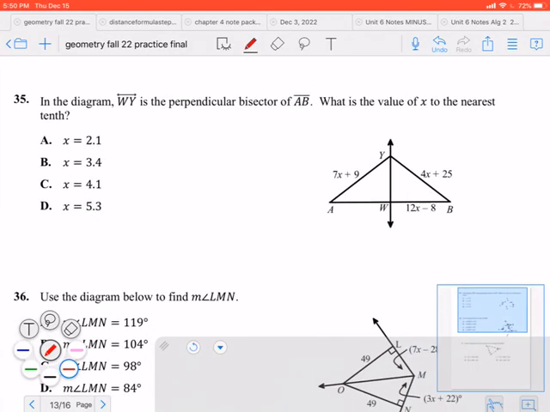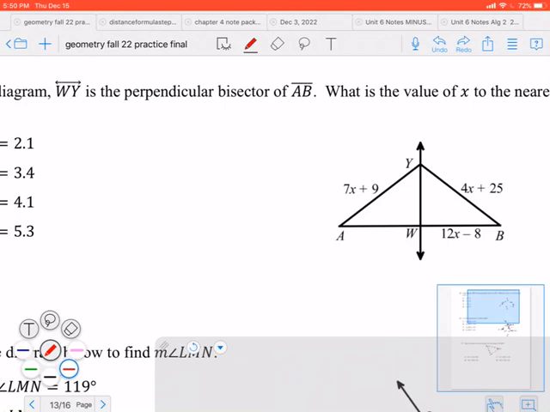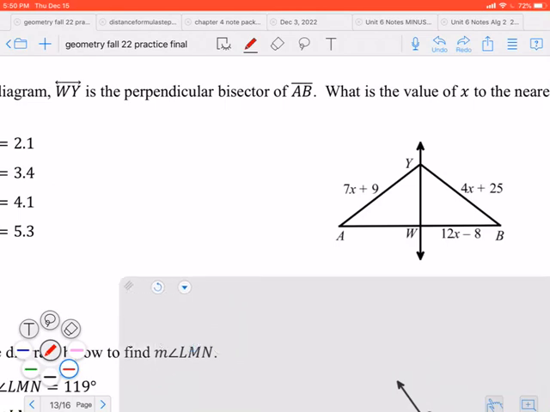35, in the diagram, line WY is the perpendicular bisector of AB. Okay, so perpendicular bisector. So that means it's perpendicular and it's bisecting this side, AB.